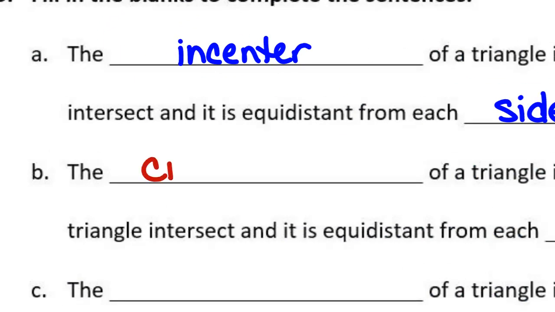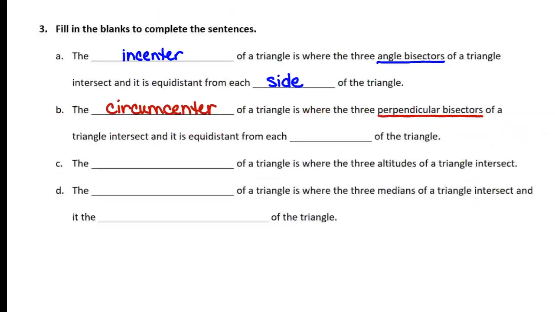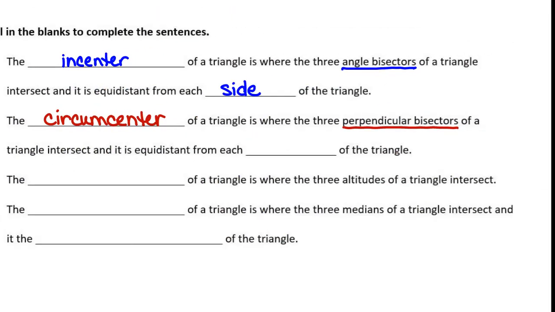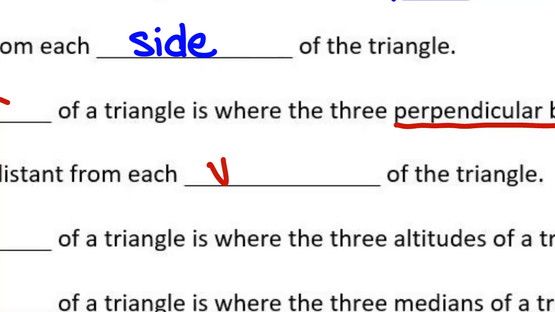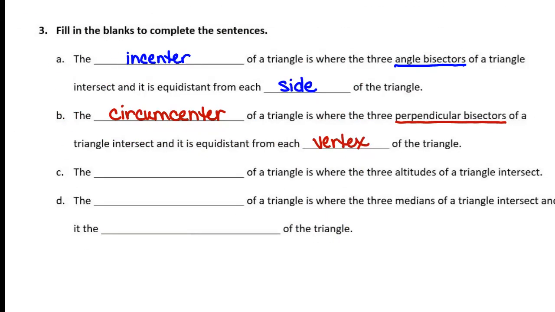This is the circumcenter. The circumcenter is where the three perpendicular bisectors intersect, and it is equidistant from each vertex, or each corner of the triangle.